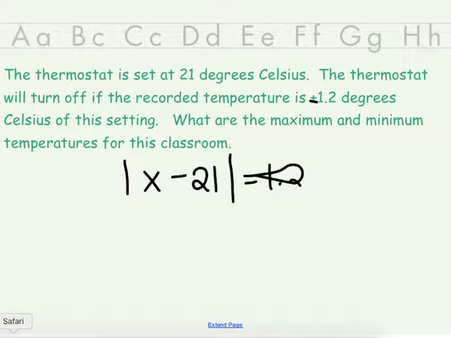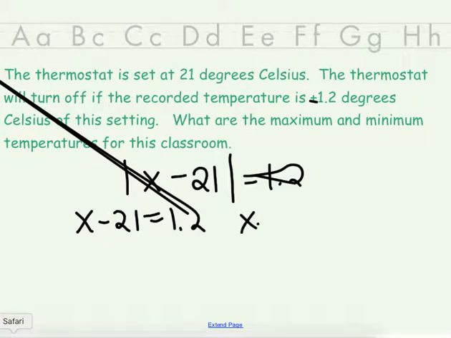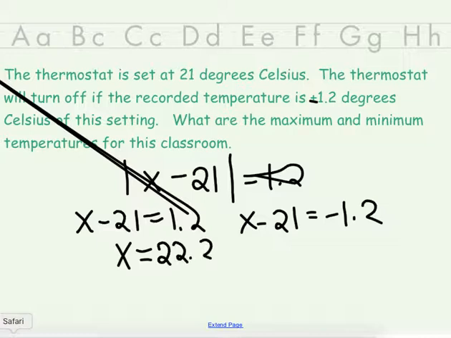So I have my two equations, x minus 21 is equal to 1.2 and x minus 21 is equal to negative 1.2. So I get a temperature of x is equal to 22.2 and an x value of 19.8, which makes sense. Those are my highest and lowest temperatures in the classroom.